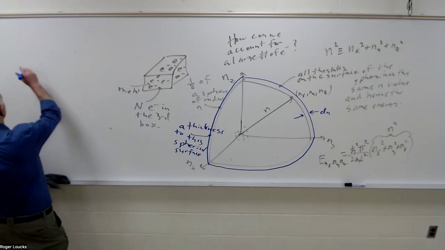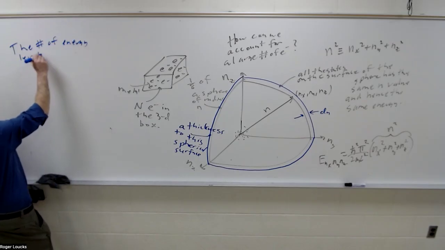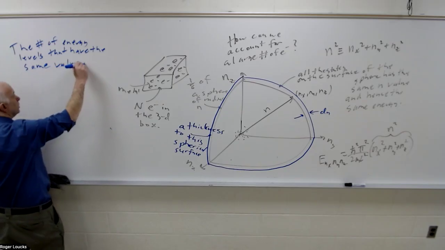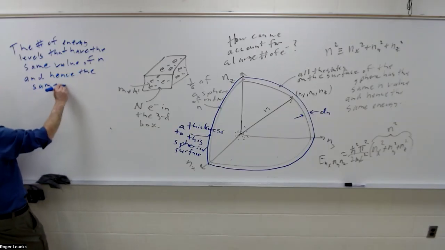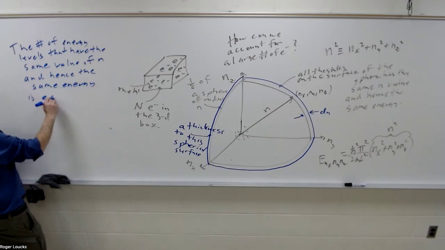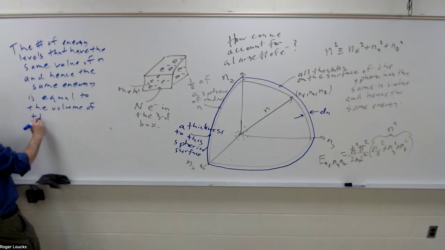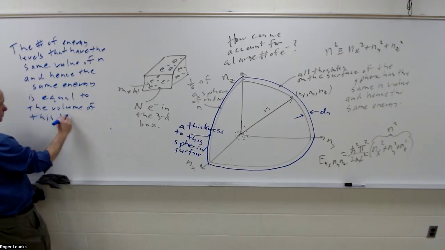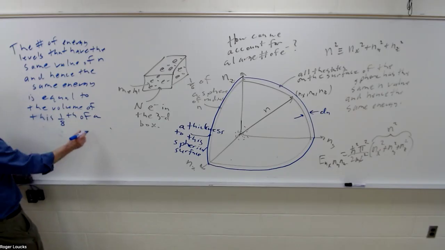So what we're going to say is that the number of states, the number of energy levels that have the same value of n and hence the same energy, is equal to the volume of this 1/8 of the spherical shell. I'll say 1/8 of an onion layer.